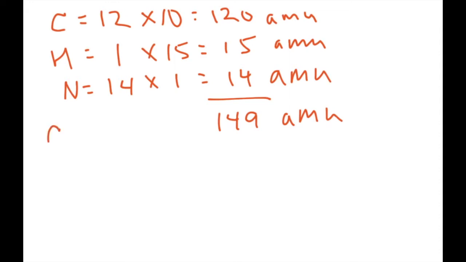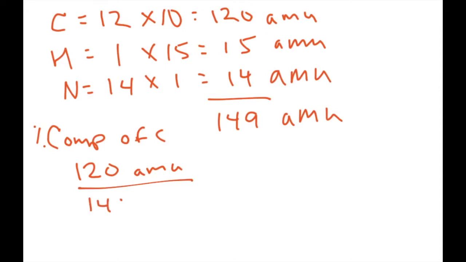So here, if we do percent comp of carbon, so how much of the mass of methamphetamine is carbon, it's going to be 120 AMUs divided by 149 AMUs times 100%. That's going to be 80.5%.